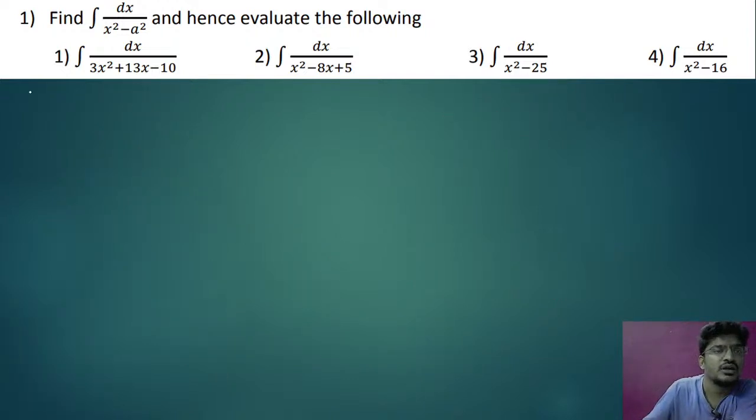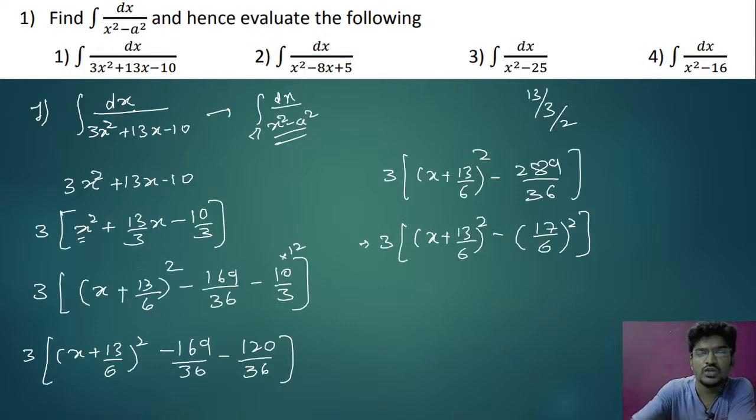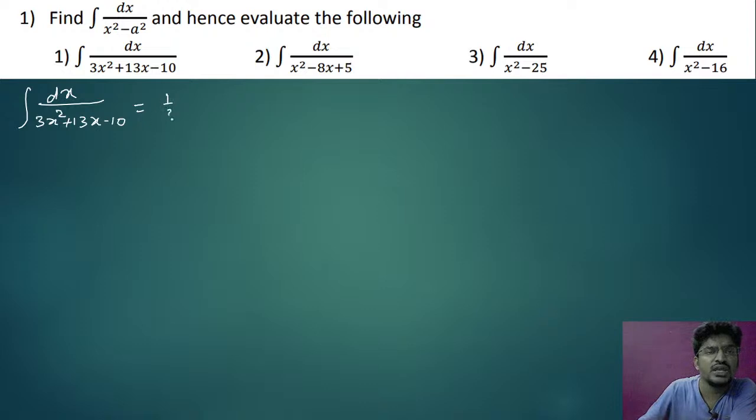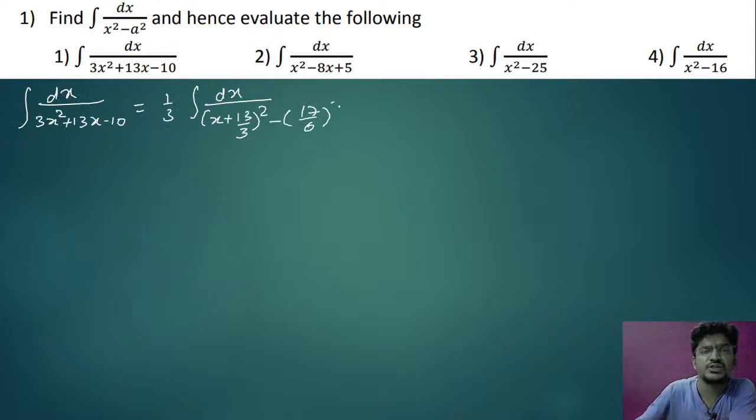That is, integration of dx divided by 3x square plus 13x minus 10 will be equal to, you see what you got, 1 by 3 outside, dx divided by, what is the remaining term, (x plus 13 by 6) whole square minus (17 by 6) whole square.